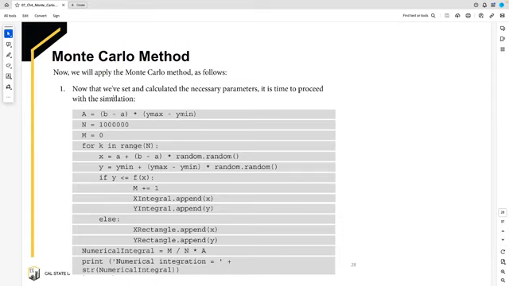Recall that the random library in Python generates for you random numbers between 0 and 1, right? So if the number is between 0 and 1, I need to multiply it by the line segment that I'm going to examine for the x-axis, right? So b minus a is the range that I have for x. I multiply it by this random number that I'm generating.